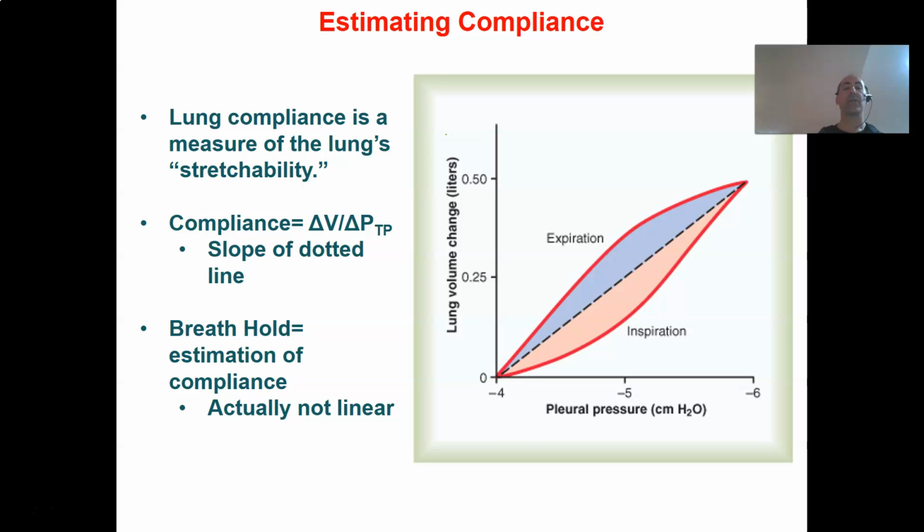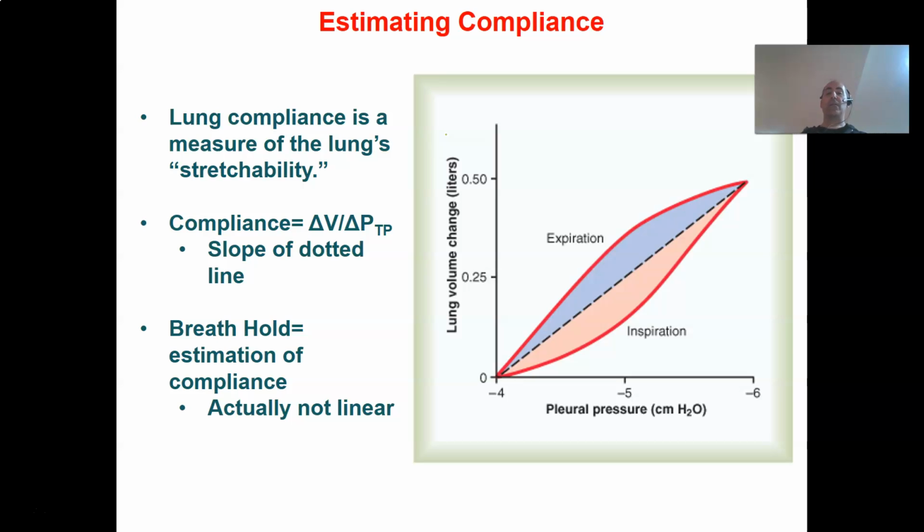The compliance is how easily you can stretch. If you've ever had two rubber bands, one thick and one thin, the thick rubber band is much less compliant. It is much more challenging to open, and it also has a greater recoil.